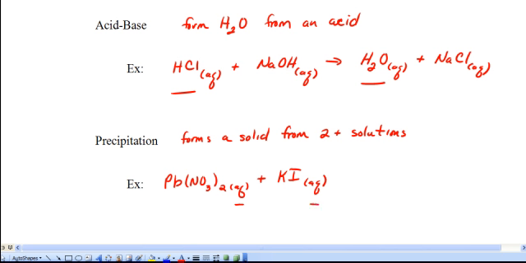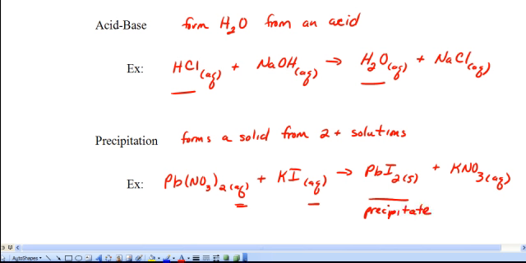That's going to form lead 2 iodide solid plus potassium nitrate, which is also aq. The key here is you're forming a solid from 2 solutions. This solid is called your precipitate. And that's why it's called the precipitation reaction.